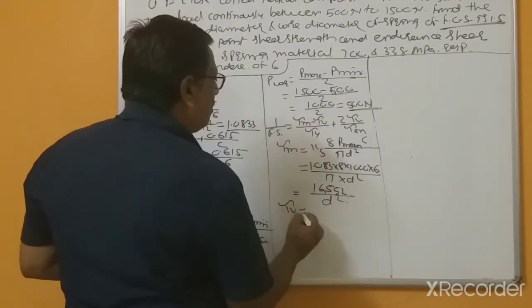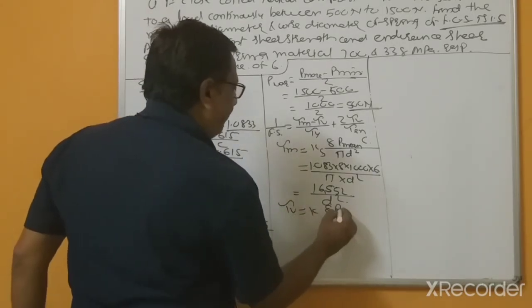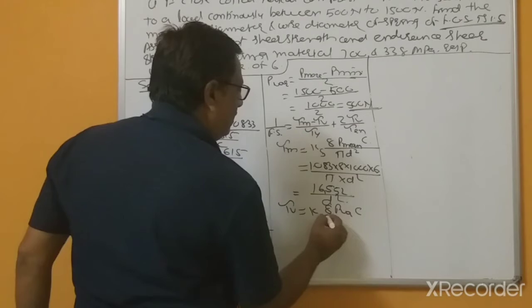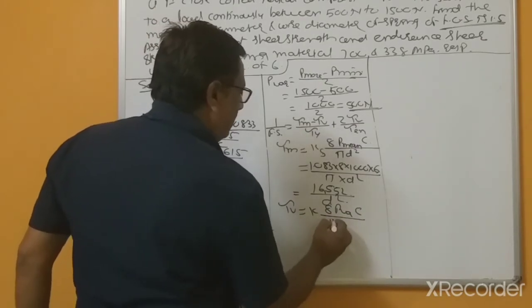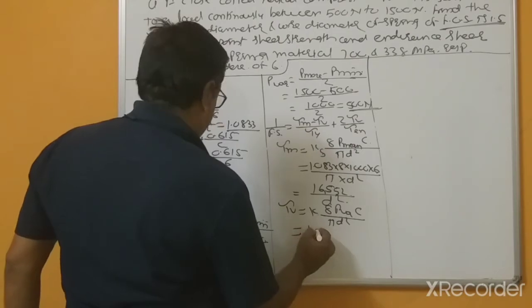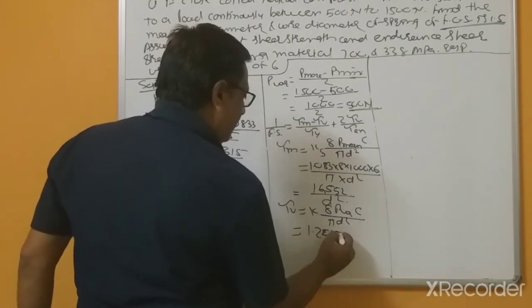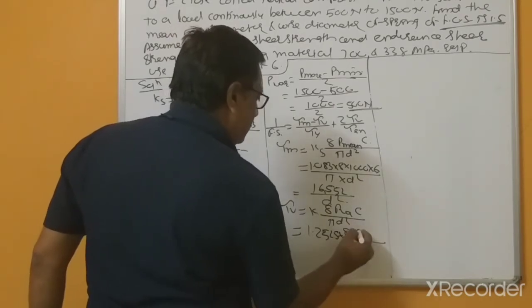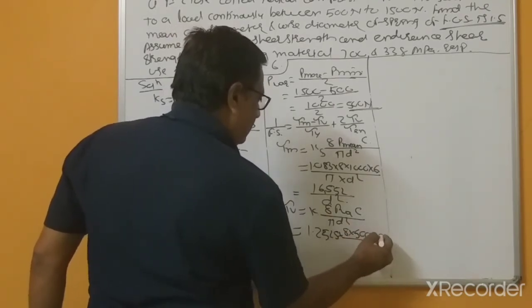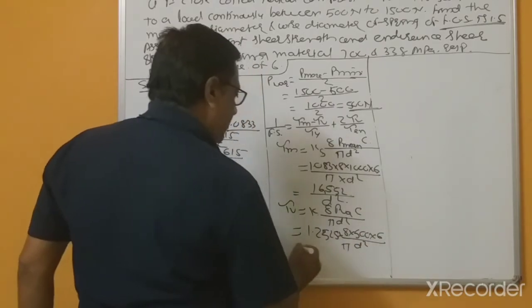Similarly, tau v equal to K into 8 P variable divided by pi d squares, K equal to 1.2525, and this is 500 multiplied by 6 divided by pi d squares.